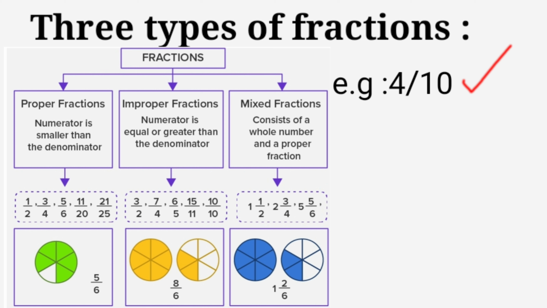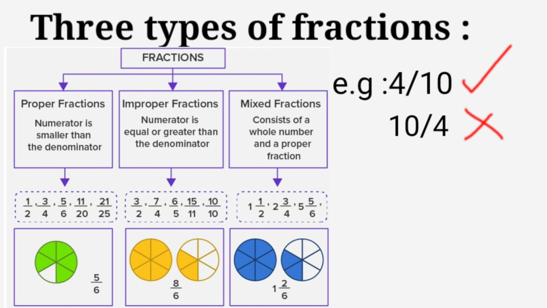But if I say the opposite of it, 10 divided by 4 means 10 marks out of 4. Is it possible students? Can I get 10 marks out of 4? No, I can't. So whenever there is no possibility, then it is called an improper fraction. If there is something improper, to make it proper, we'll divide it. When we divide it, then this improper fraction converts into a proper fraction.